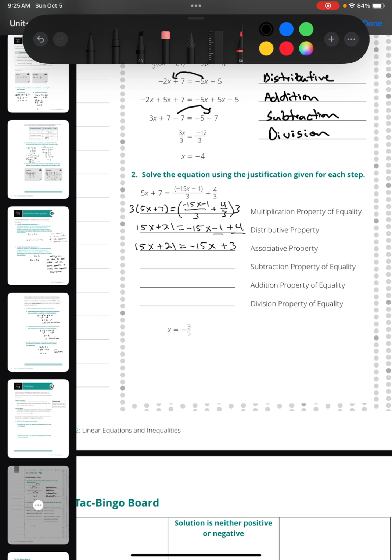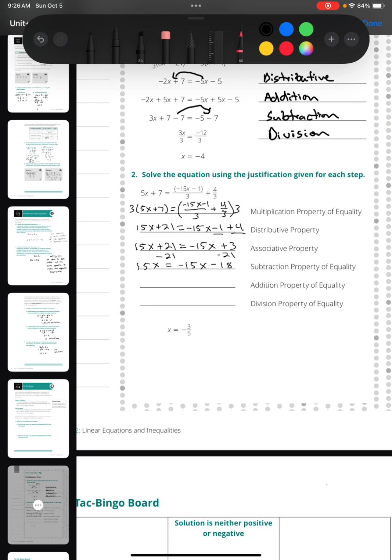Now we can use the subtraction property to move all our x's to one side. So let's say we'll move... well, let's start with the 21. They're going to say subtraction property. They're wanting us to move the 21 first. So the subtraction property to move the 21, and we end up with 15x equals negative 15x minus 18, 3 minus 21.